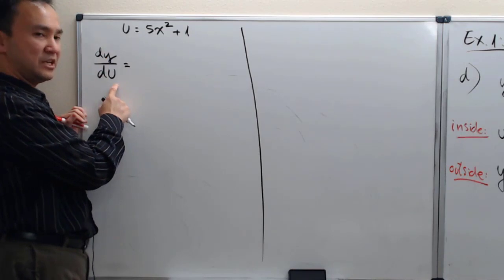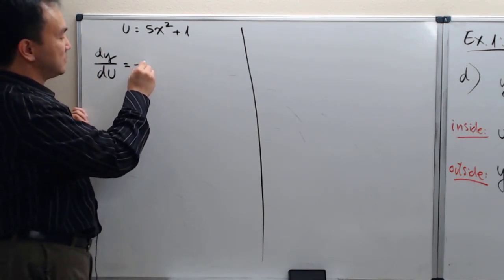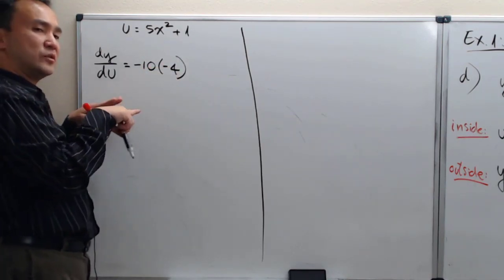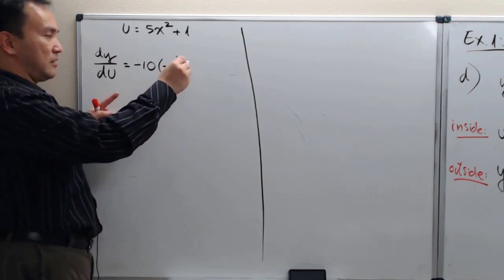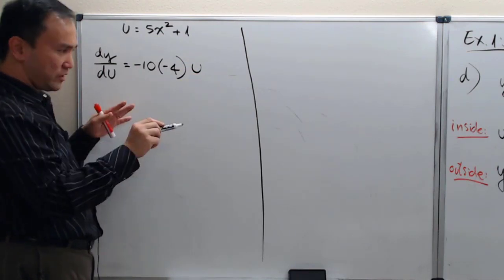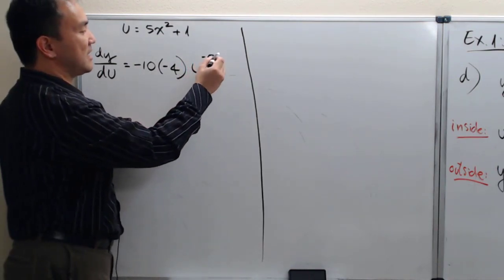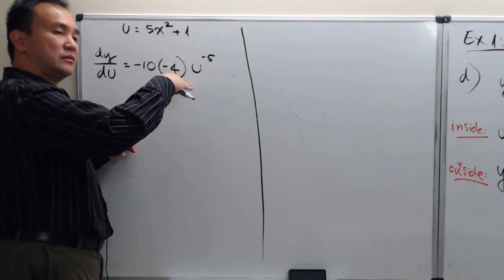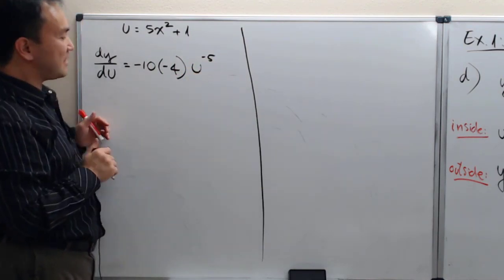So dy du now is going to be negative 10 times negative 4. And don't worry, anyone viewing this video, don't overpressure yourself about getting that substitution back in at this point yet. It's okay. If you forgot, that's completely okay. This is negative 5 power, after the original power is being subtracted by 1.